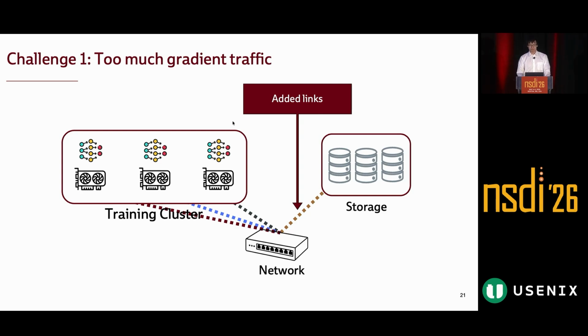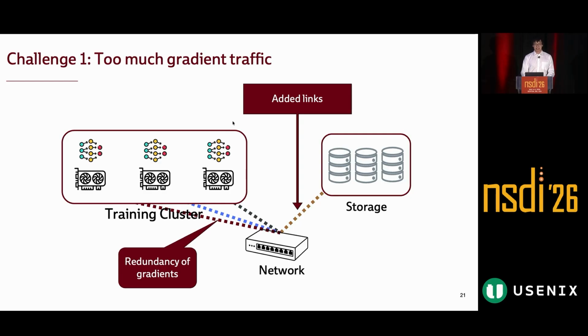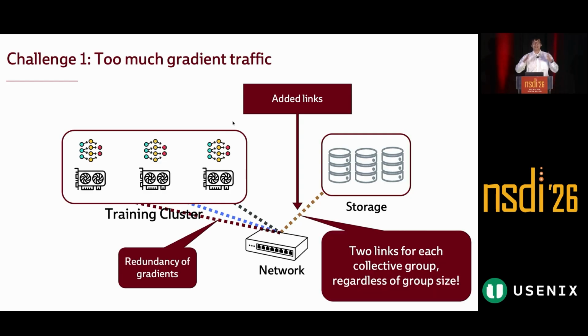The naive solution of replicating all of this traffic requires us to provision the same amount of bandwidth to storage as to training, which is way too much resource overhead. Fortunately, there's a lot of redundant information during gradient transmission, and by leveraging these redundancies, we designed a replication algorithm that selectively replicates these gradients, and as a result, only needs twice the per GPU bandwidth for each group of GPUs participating in the same collective communication group, regardless of the group size.